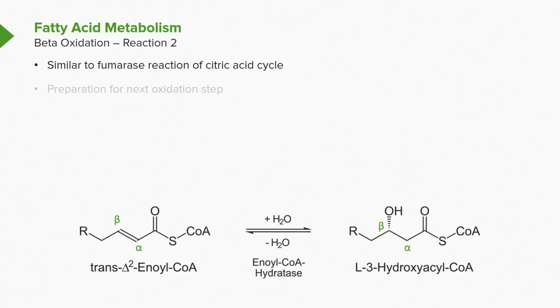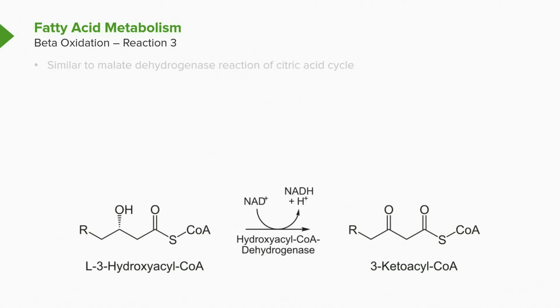Now, this reaction is similar to a reaction that occurs in the citric acid cycle. In fact, this reaction and the next two reactions are very similar to citric acid cycle reactions. And this allows for an oxidation that will occur in the next step. So the second oxidation of fatty acyl-CoAs occurs by the process that you can see here.